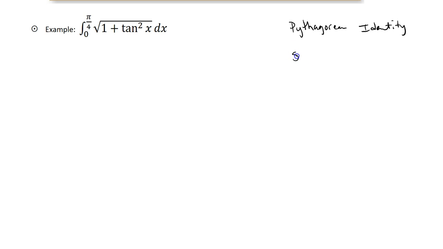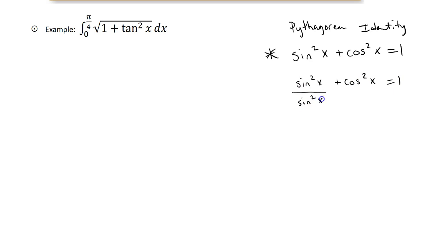So the most basic Pythagorean identity is that sine squared of x plus cosine squared of x is equal to 1. This is something that I expect you to know. I'm not going to give you this, but you can derive the other two versions of the Pythagorean identity from it. So if I were to take this, sine squared of x plus cosine squared of x equals 1, and divide through by sine squared of x, just both sides of the equation, I get that 1 plus cotangent squared of x equals cosecant squared of x, so that's one form of it.